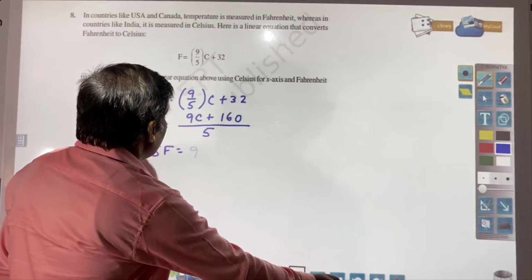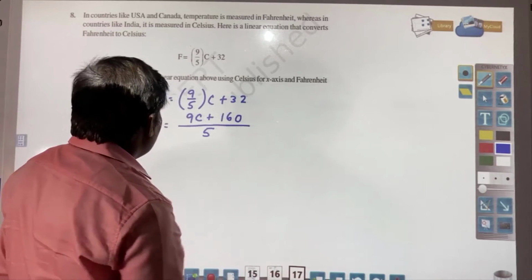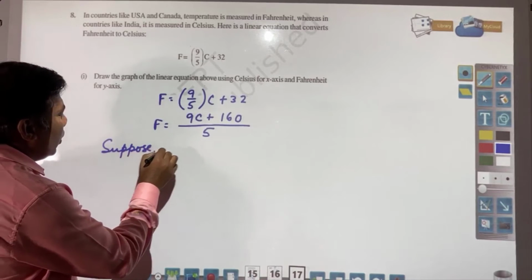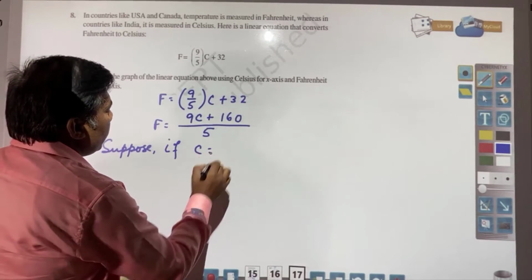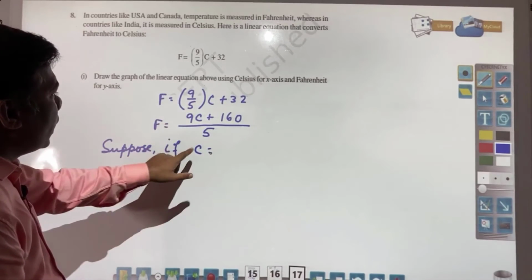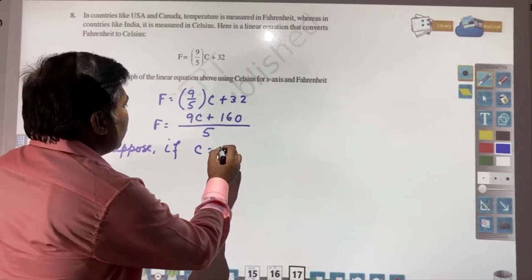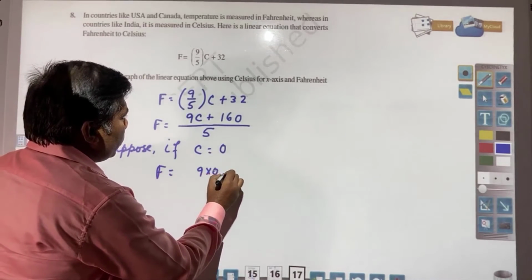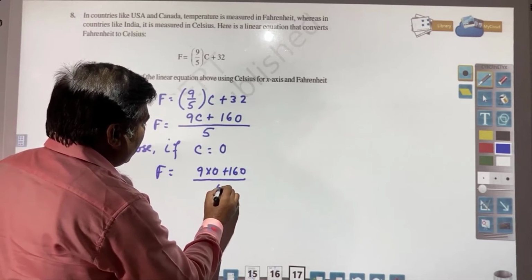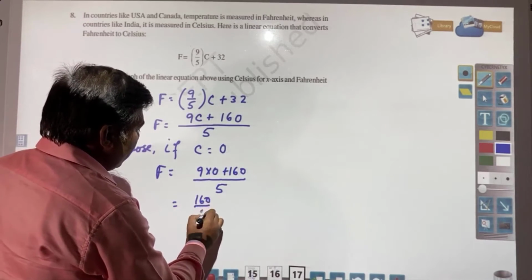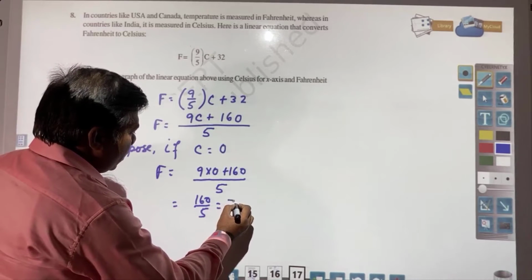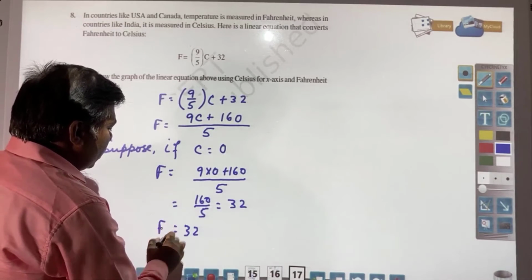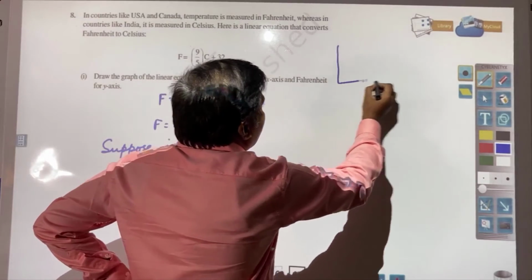Now we need to find out F and C. So suppose if C is equal to 0, because we need to plot the graph. In this case, F will be equal to 9 into 0 plus 160 by 5, and this will be 160 by 5, and this you will get 5 threes are 15, 5 twos are 10, is equal to 32. F you got 32. So this box is required to be prepared.